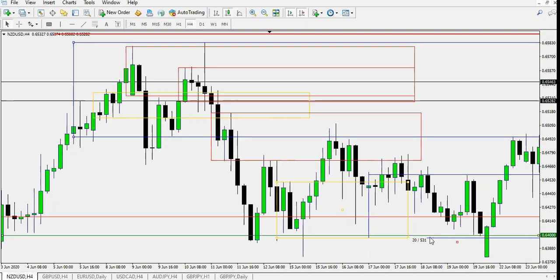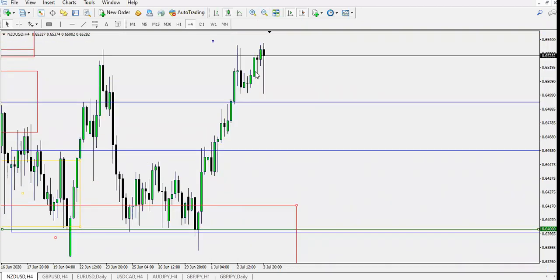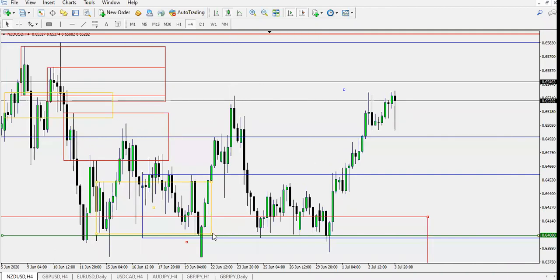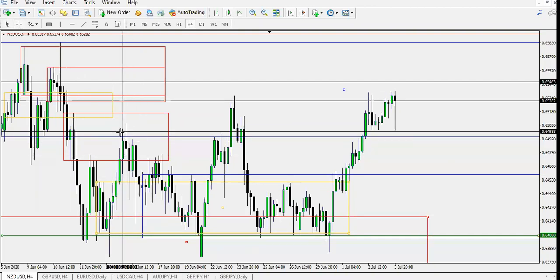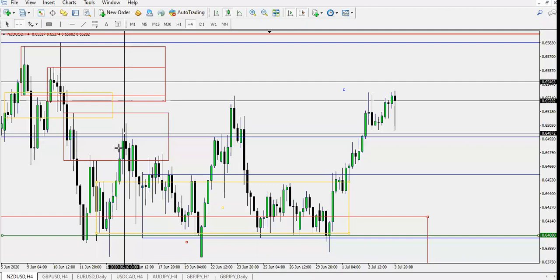But we can see that although we had a gap down, if we just move across here, you will see that price was contained inside of our breaker. So we can see it tested price when it came into this bearish order block over here.